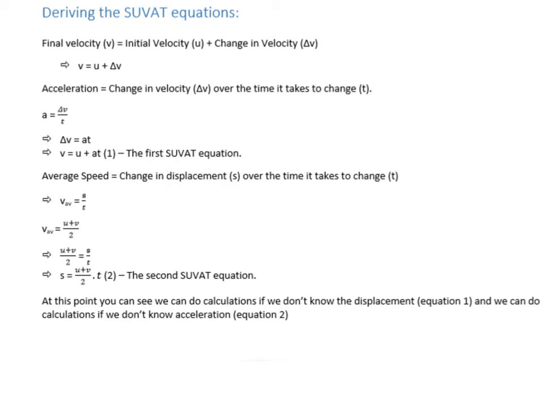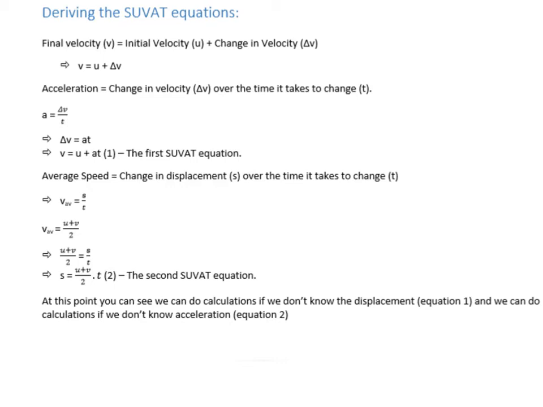We also know the average speed, because acceleration is constant, is the initial speed plus the final speed divided by 2. That's how you calculate an average of anything. So we put those two things together. We can rearrange them into this form, and this is the form you see the second SUVAT equation in most often. s equals u plus v over 2 times t, and that's your second SUVAT equation.